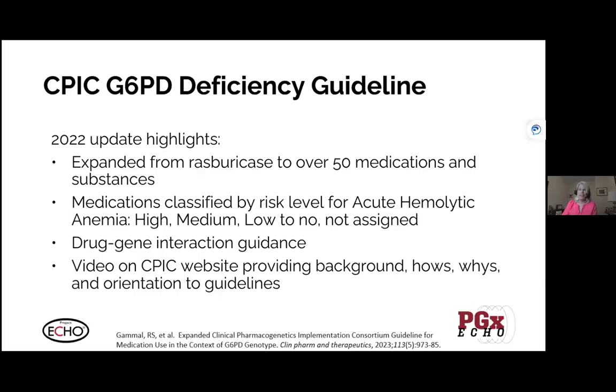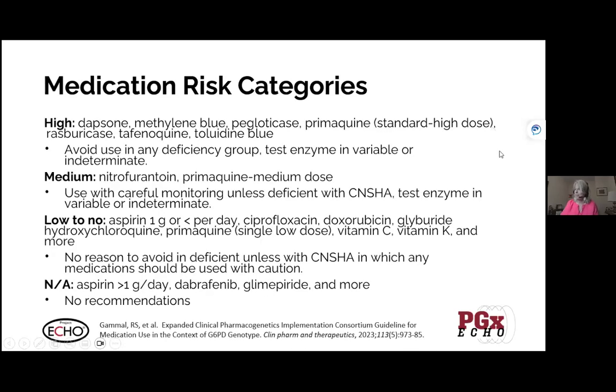And one of the things I've really appreciated in learning more about this guideline is there's a video on the CPIC website that Dr. Relling did that provides a lot of the background and also how they assess these, how they develop the classes, and some orientation to the guidelines, and even provided a lot of in-depth analysis on different G6PD variants and how they have also dealt with this issue of people having differences in their genotype testing versus their enzyme testing, and some studies that they've done. So I highly recommend that if you are interested in this topic.